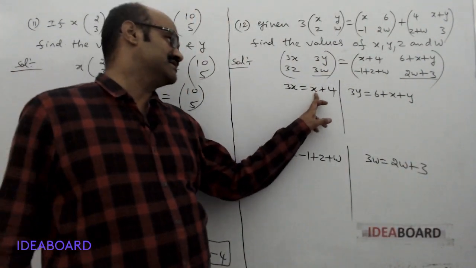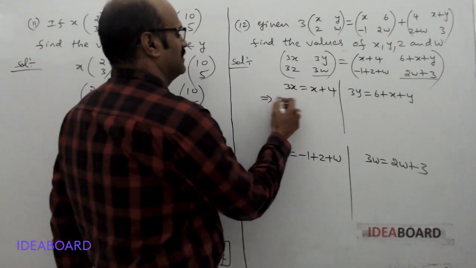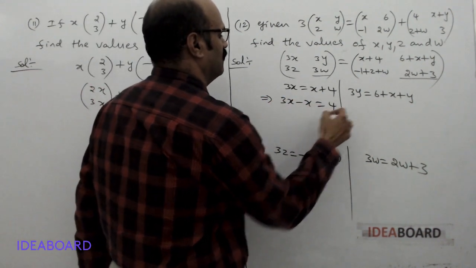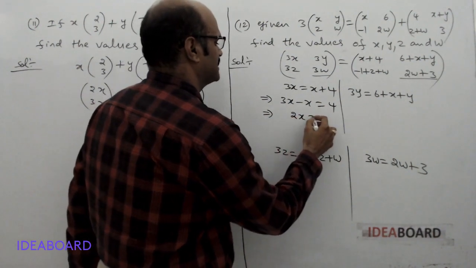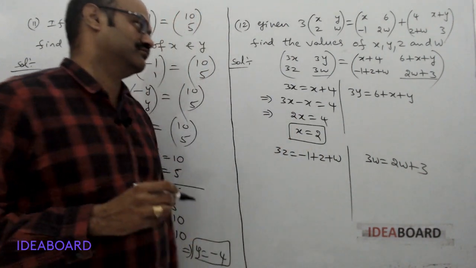Now here from this you write x from RHS to LHS. It implies we get 3x minus x equal to 4. It implies 2x equal to 4. Therefore x equal to 2.